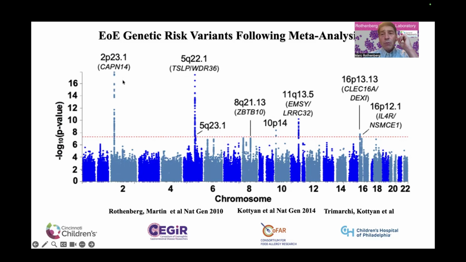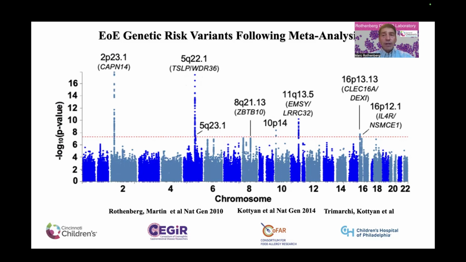Now we know what's sitting down in these regions in the genome. And today I'll just draw your attention to this region here, because this is the strongest region that leads to susceptibility. It's at chromosome 5, Q22. And sitting right there is a gene called TSLP. This is particularly important because the TSLP gene codes for thymic stromal lymphopoietin.